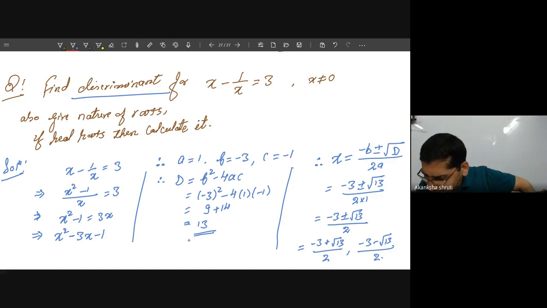So minus 3 plus minus under root of 13 by 2. Once we are taking the positive sign, so minus 3 plus under root of 13 by 2. Another time the negative sign. So minus 3 plus minus under root of 13 by 2. So the plus minus sign is before this bracket.